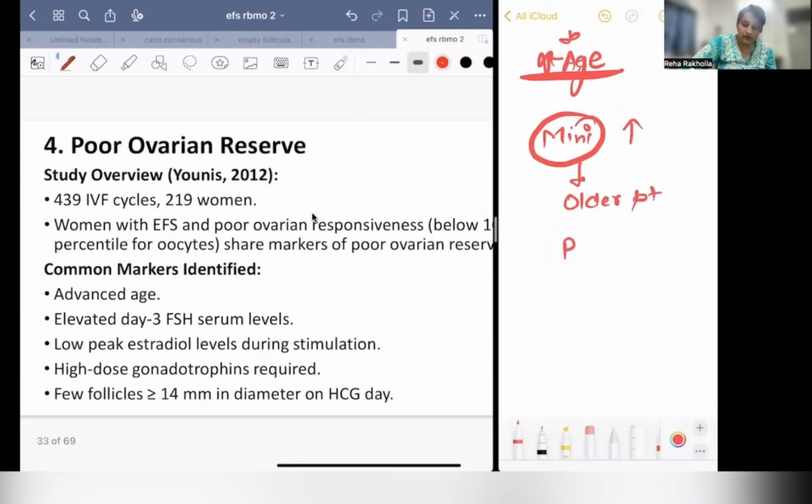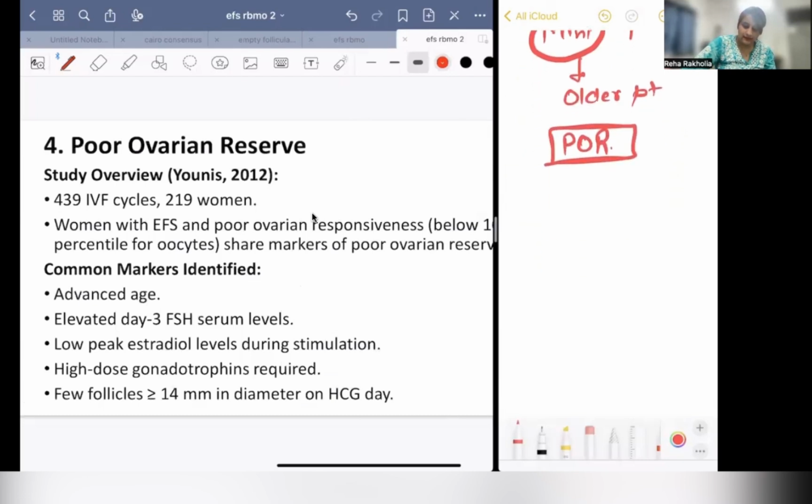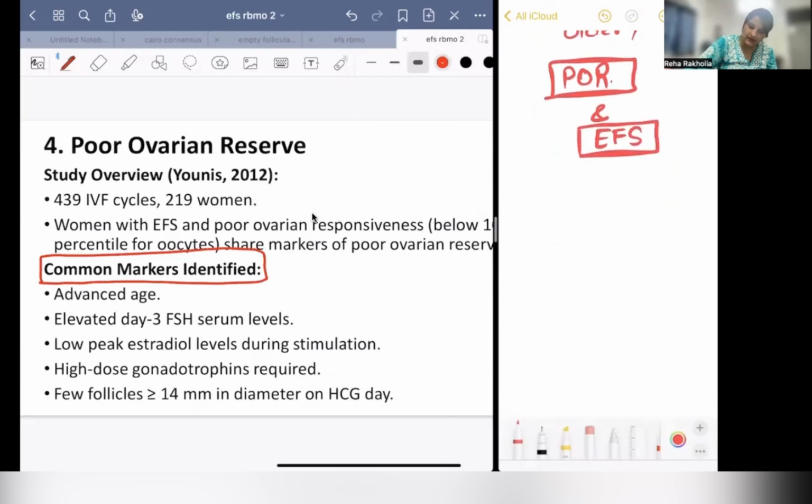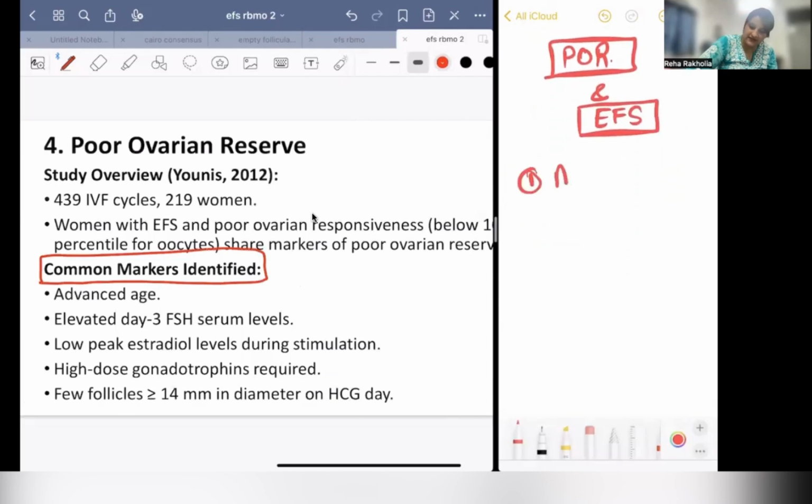Then poor ovarian reserve. What are the common markers identified between poor ovarian reserve and empty follicular syndrome? First is advanced age. Second is elevated day 3 FSH.